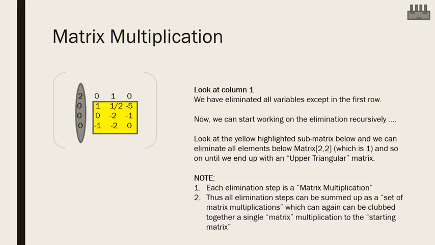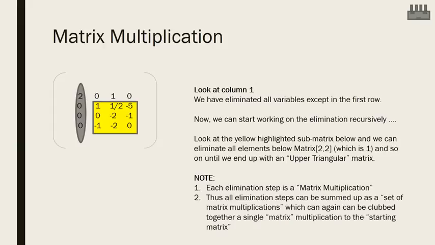Now, the problem can be repeated on a submatrix. You just take the submatrix highlighted in yellow and do the same kind of elimination operations, which means I can start multiplying this matrix with another matrix so that I can eliminate further. Finally I can create a system of matrix multiplications which, when performed, will change the input matrix into an upper triangular matrix, which is the triangular system of equations I was talking about.